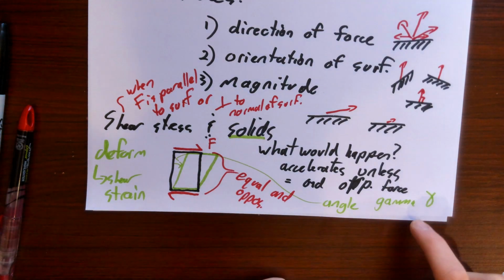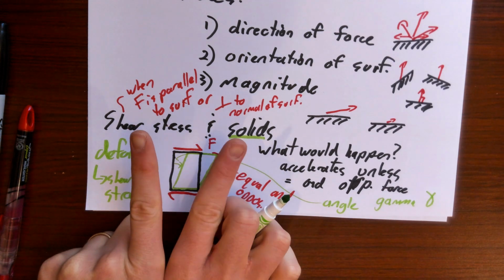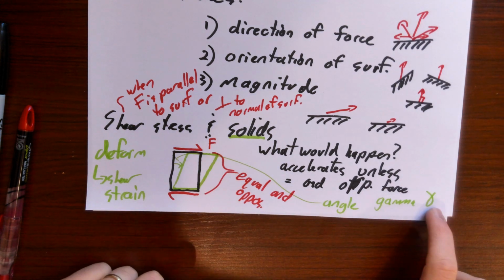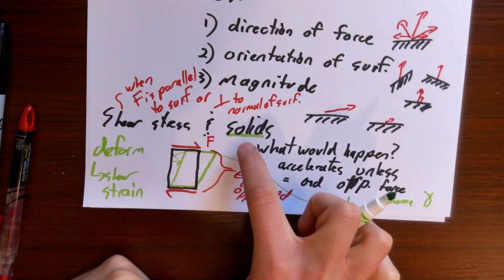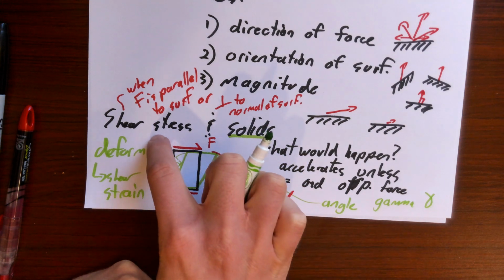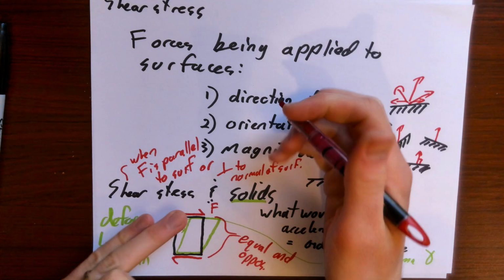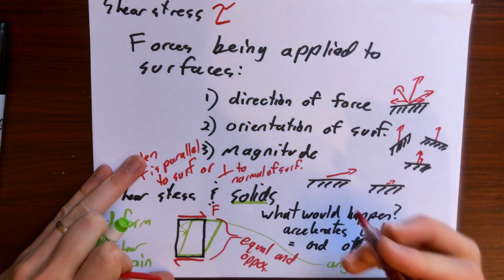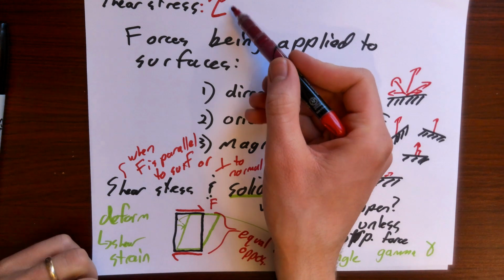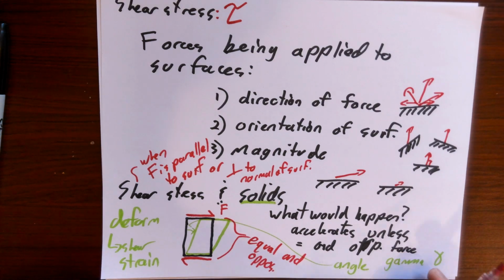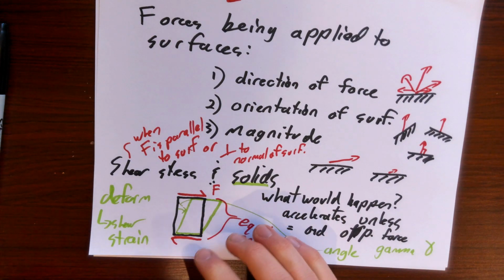So that's basically a letter people might use to define the magnitude of this shear strain, right? And for solids, the shear strain gamma is proportional to the shear stress, and oftentimes people use the Greek letter tau for shear stress. So let's say I applied some shear stress tau. This gamma would be proportional to tau. And we'll get into that a little bit later when we talk about constitutive relationships.